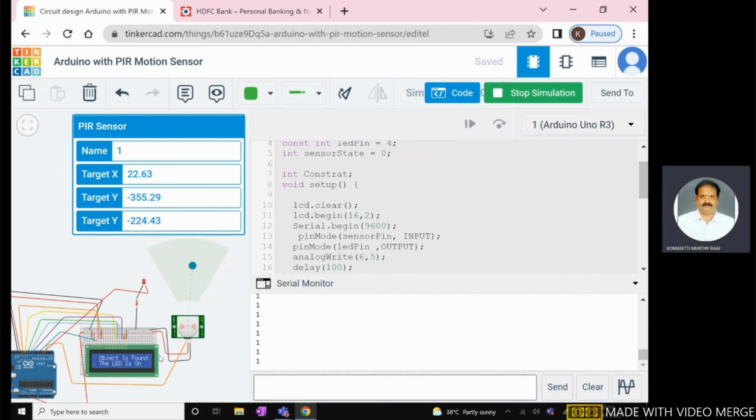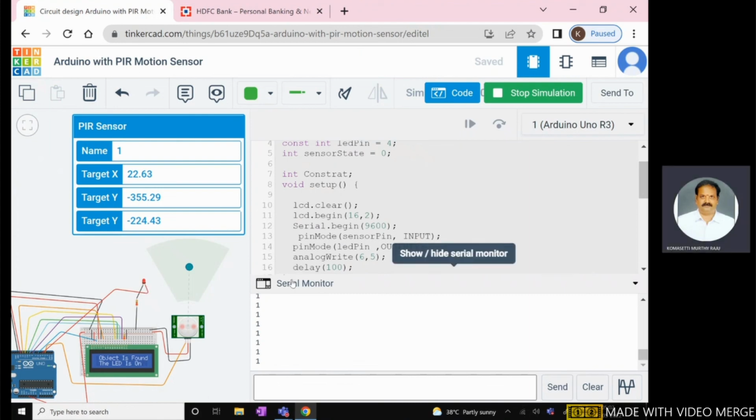The object is found. When the object is not found, all are zeros and the LED is off. If the object is found, ones are there, the PIR sensor pin state is high, the object is found, and the LED is on.